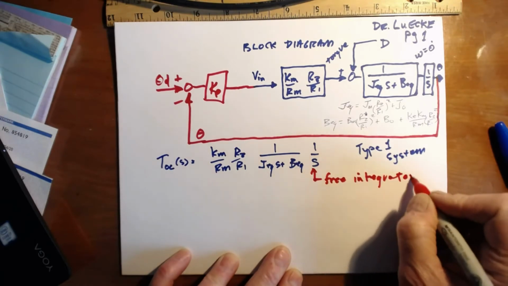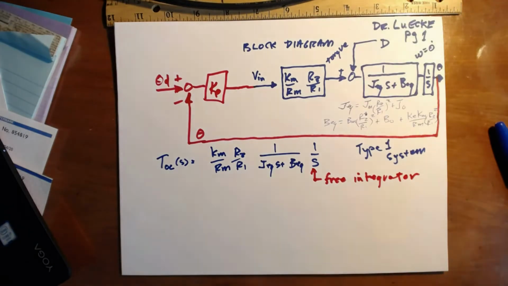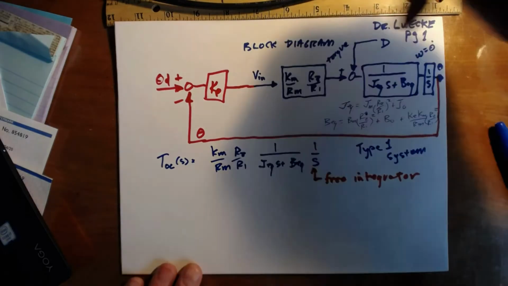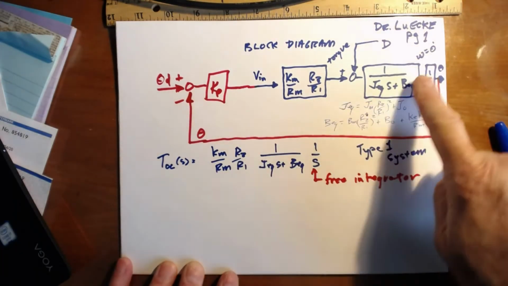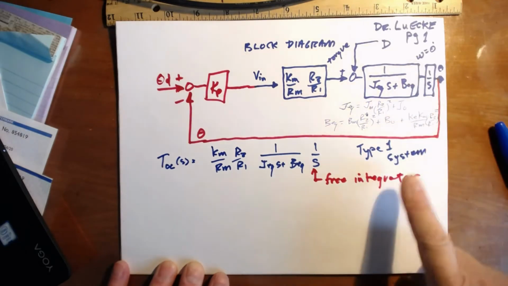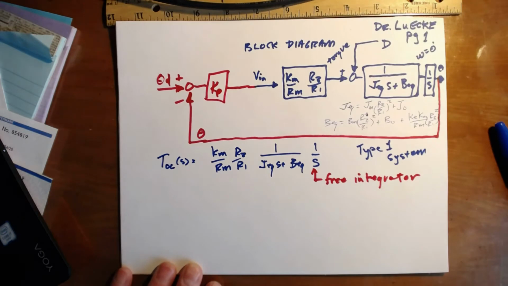If there were two free integrators, it would be a type 2 system. The last time we talked about the transfer function from the voltage to speed, we saw that it was a type 0 system because there are no free integrators. Now, I can put numbers into this.